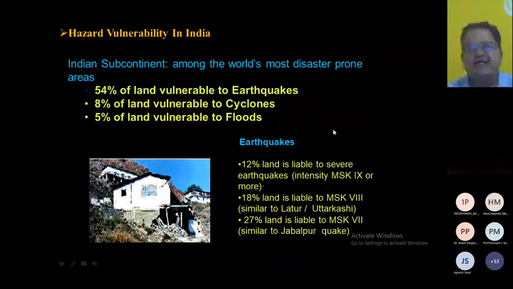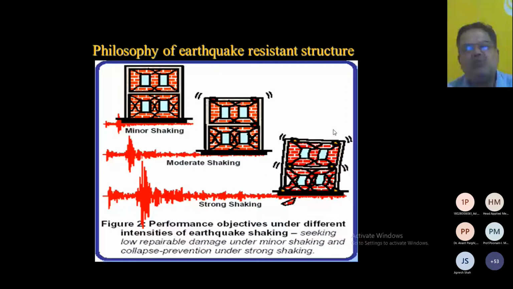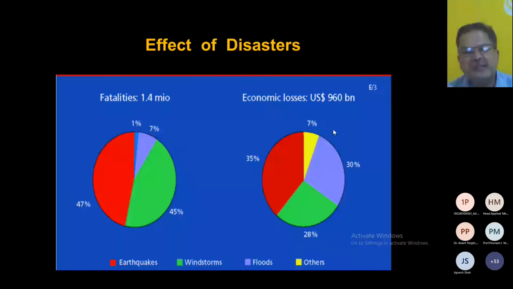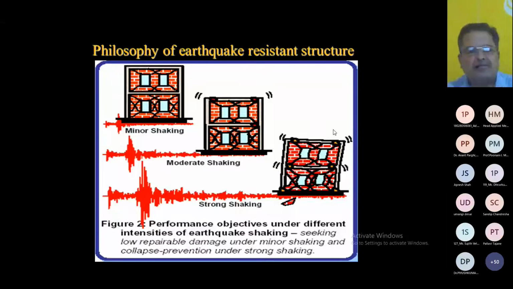In the last lecture, we said that loss of life and economic loss are associated, and maximum loss is during the earthquake. This is a philosophy where damage is allowed, but collapse is not allowed. So we always believe that our structure will enter the inelastic zone when it is subjected to a major earthquake. The philosophy is very simple.